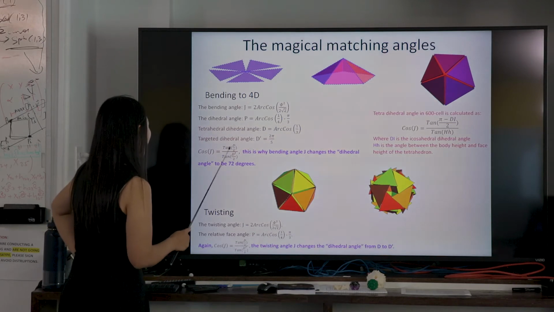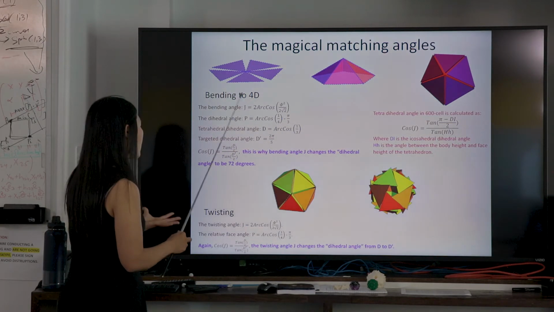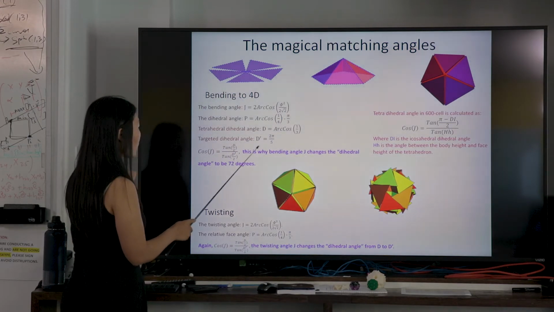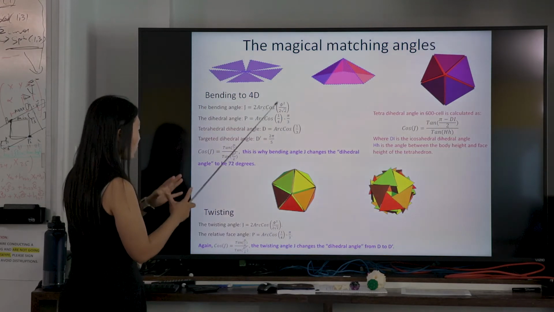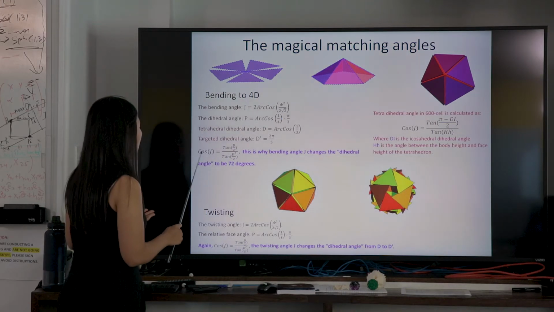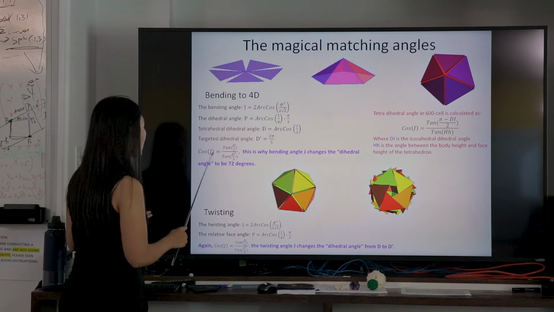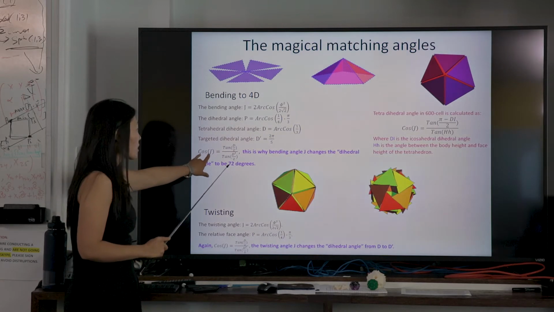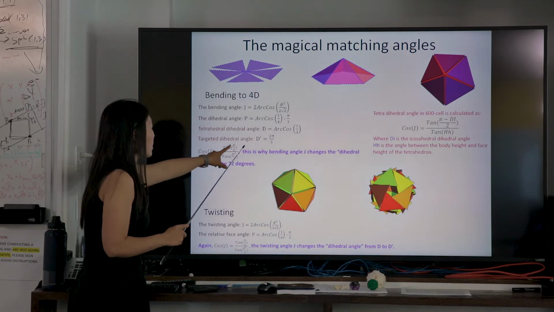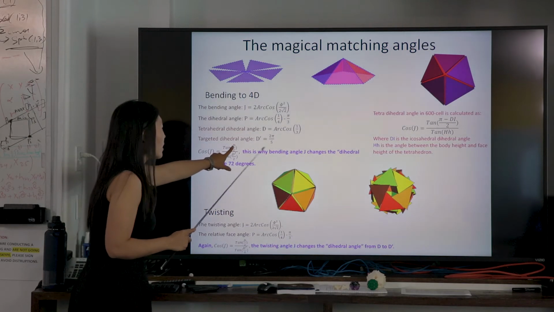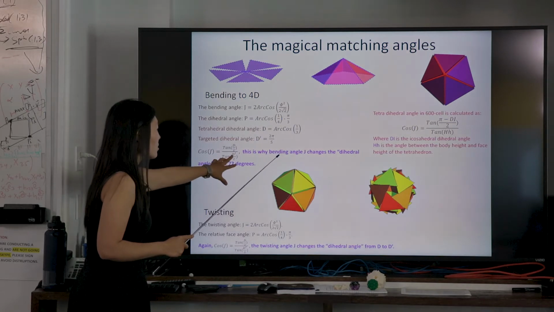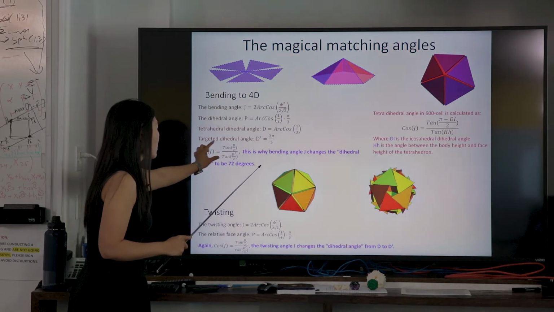And so here I'm trying to argue, because our targeted dihedral angle is 2π/5 to close up the gaps, that because cosine of J is a transformation angle, and this transformation angle equals tangent, this is the real dihedral angle, and this is the effective dihedral angle, which is the 72 degrees.